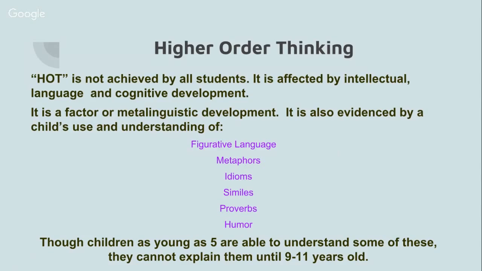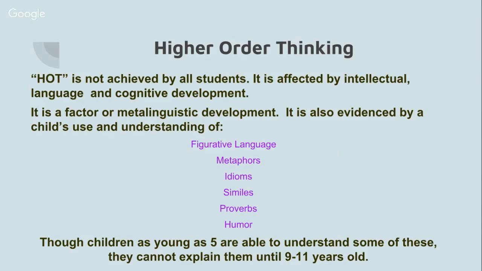So some of these higher order thinking skills are evidenced by a child's ability to, say, use humor, to use sarcasm, to understand figurative language or a metaphor, to be able to take a proverb and apply it to their life. And while children develop metalinguistics over time, remember that, right? There's that key development in the younger years of when metalinguistics is starting to develop.